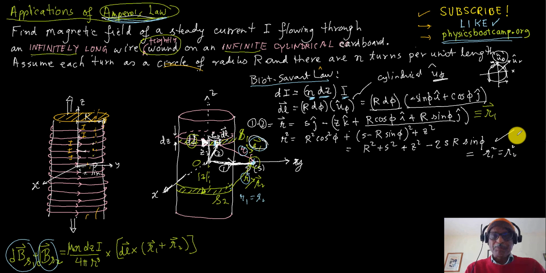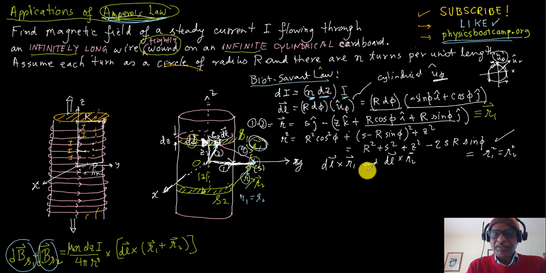Okay. So you also know we need to know dl cross r1 and dl cross r2. This will be inside your Biot-Savart law. I'm sorry, I just got blanked out a little bit.